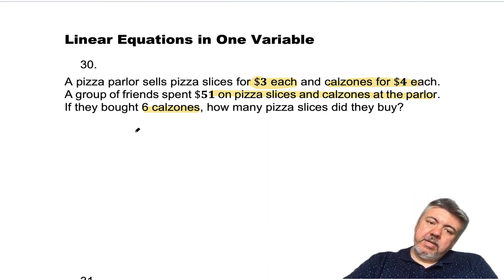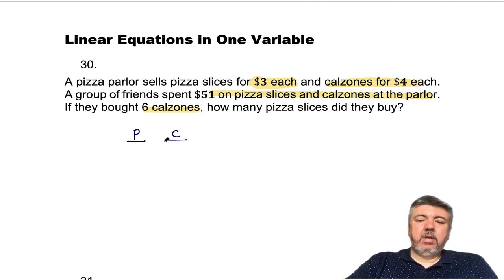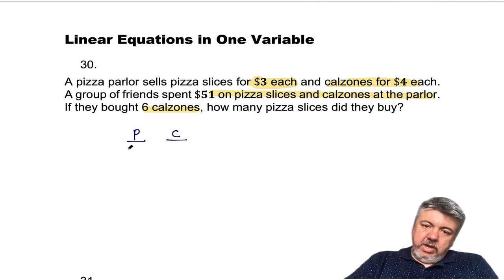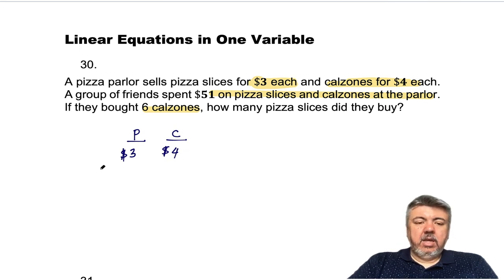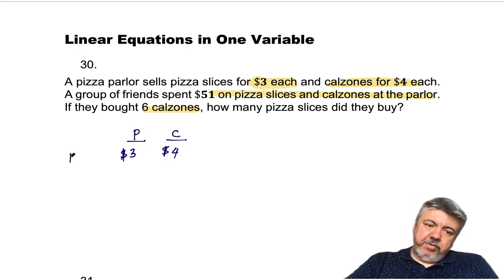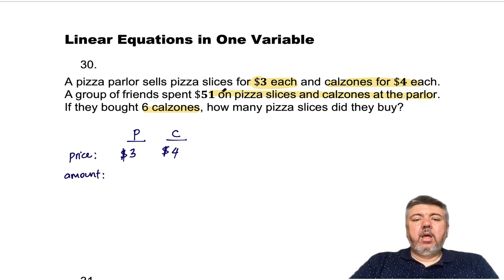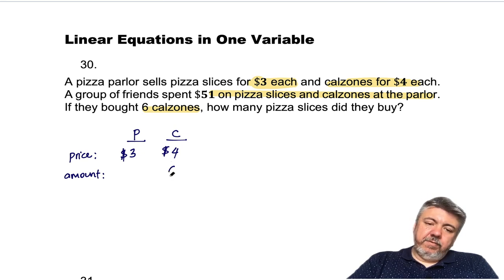Okay, pizza slices are $3 each, the others $4 each. This is the price. What about the amount? 6 of them here, and I don't know this one.